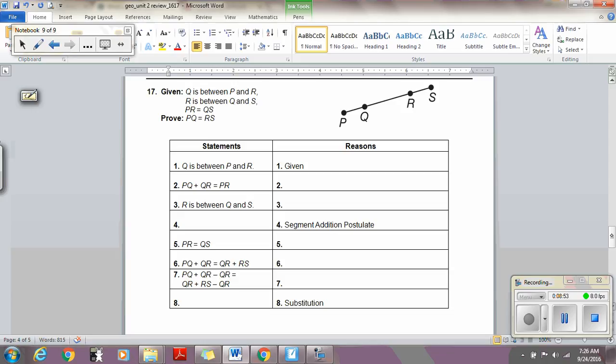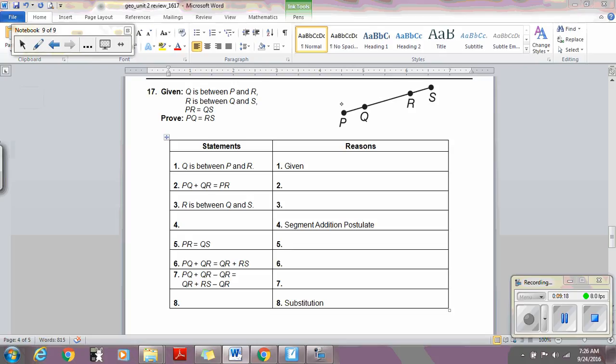So let's get started. They gave us that Q is between P and R. So that was our first given. They actually gave us 3 pieces of information, but we only write one at a time as of right now. So then statement 2 tells us that PQ plus QR equals PR.